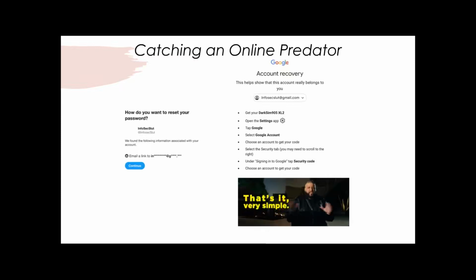InfoSec slut came into the community and tried to tell women that their experiences were trivial and that unless they felt that they were in immediate danger, they should not be calling the police or getting other people involved. Much like DarkSim was involved in a scandal where he was called out by another member of the InfoSec community.